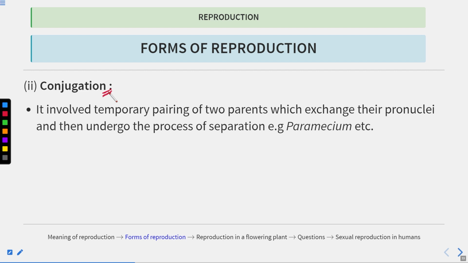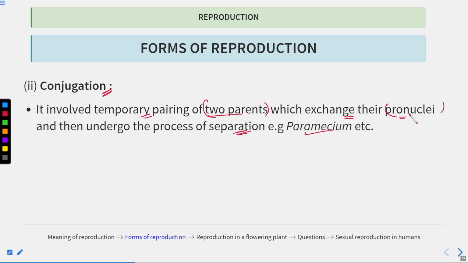In conjugation, what happens? It involves temporary pairing of the two parents, which exchange their pronuclei and then undergo separation. This is seen in Paramecium. Here again you can see two parents are involved, and there is a temporary pairing of these two parents. There is an exchange of the pronuclei, and then they undergo separation after the exchange.